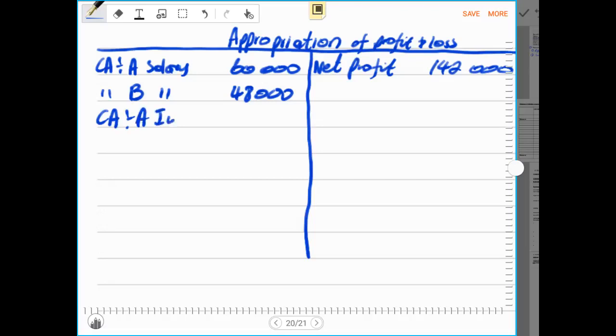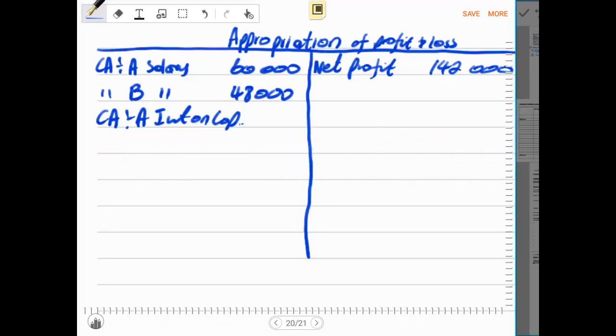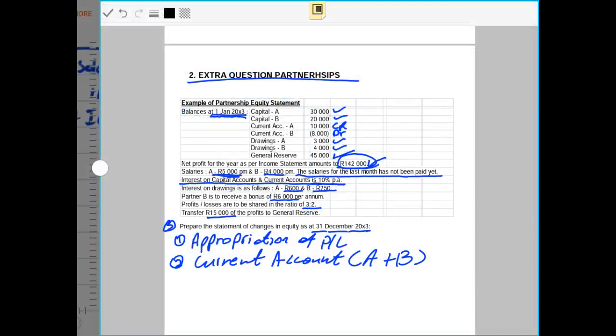Then we say interest on capital, and the interest on capital will be 10% of the capital for partner A, and the capital of partner A is an amount of 30,000 rands. If we say 30,000 rands times 10%, that should give us 3,000 rands.